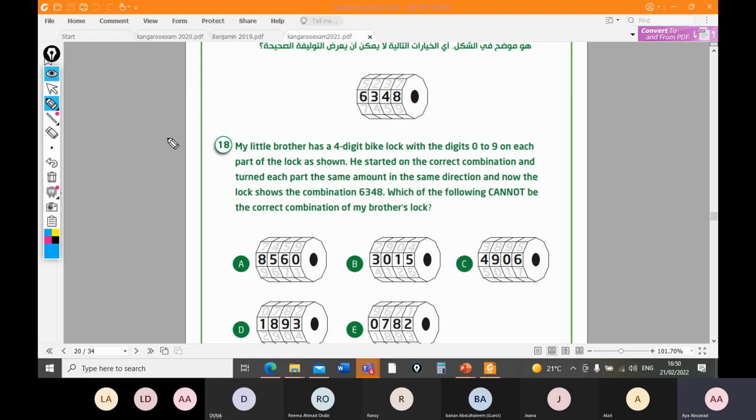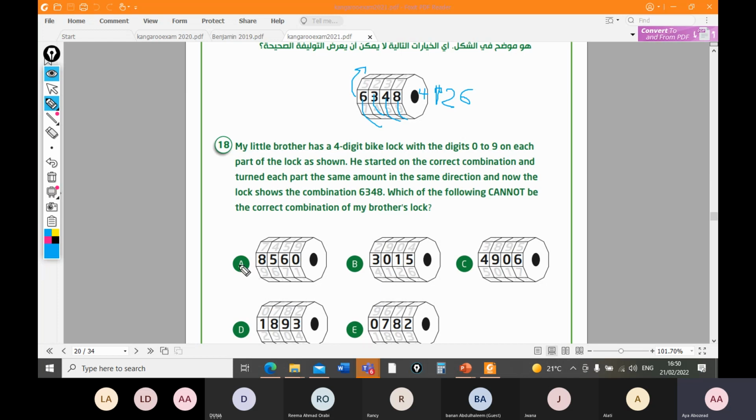Again, if you move this number 2 pieces down, you will get this number as 6. You must make all of them the same way. So 2 numbers down will be 2. 2 numbers down will be 1. 2 numbers down will be 4. If I turn this number up with the same amount and the same direction.